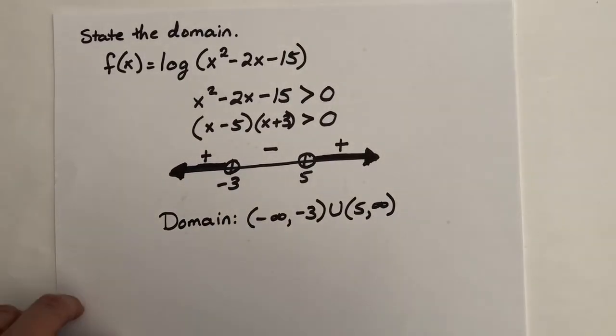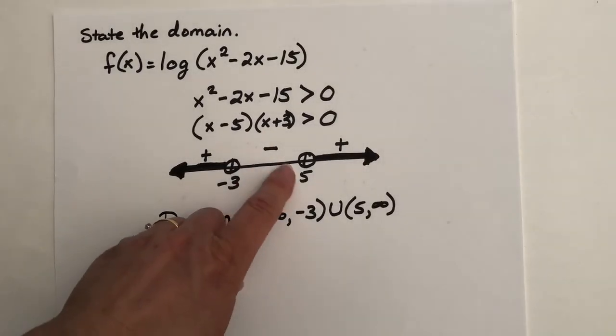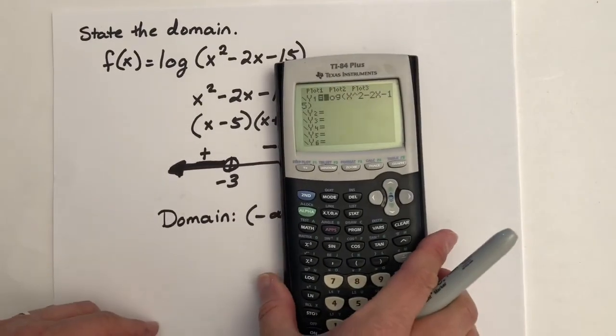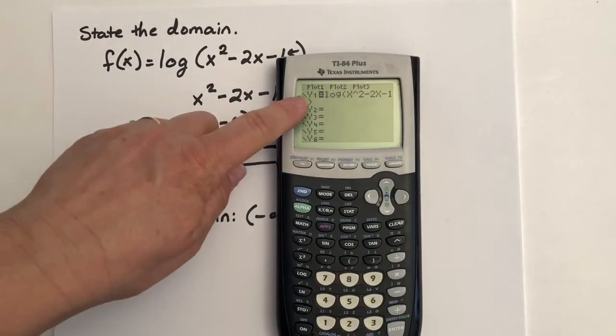And I would encourage you to look at a computer program that graphs, like Desmos or a graphing calculator, and you could see that it will give you an empty part of the graph right here. In fact, I'm going to bring in this graphing calculator. Let's see if you can see it. I already have it programmed in with the function that we did.